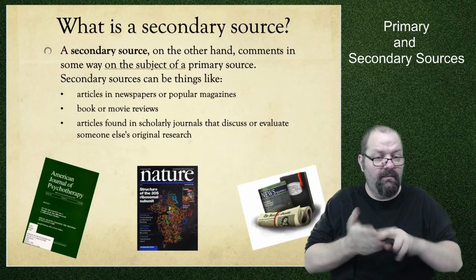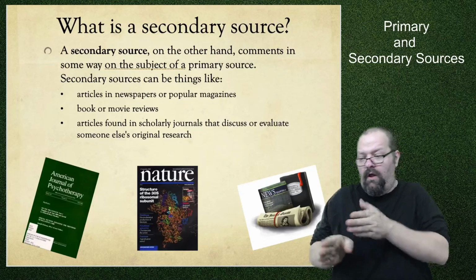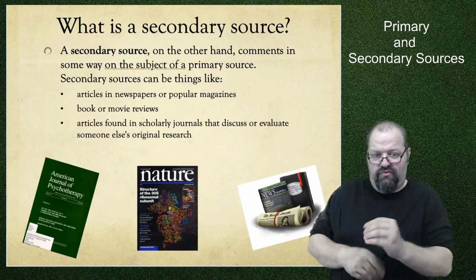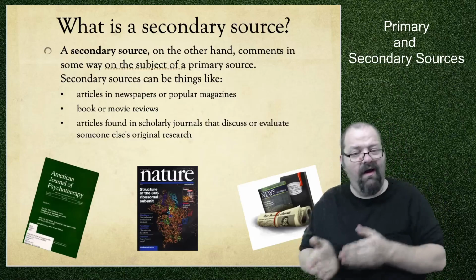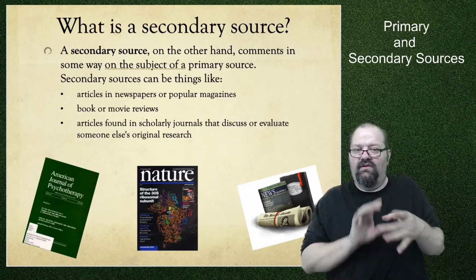Let's define a secondary source then. A secondary source comments in some way on the subject of a primary source. It brings ideas or commentary about the primary source. In college, you're often asked to find secondary sources for an assignment by doing research in the library.